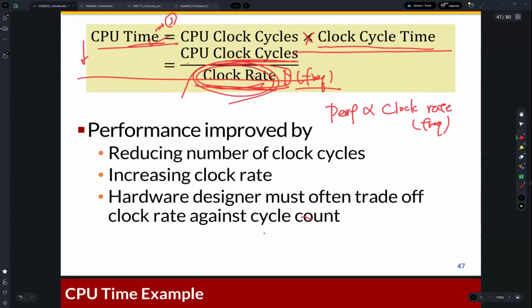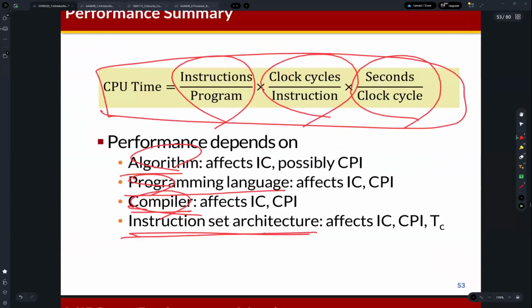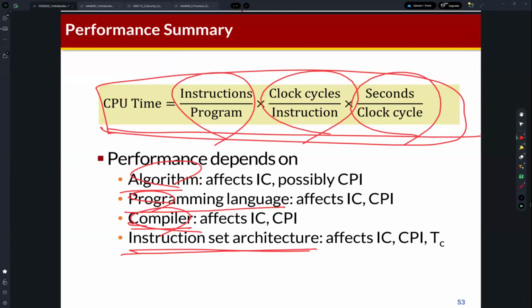Based on this, we can make a very important equation to measure the CPU's execution time.